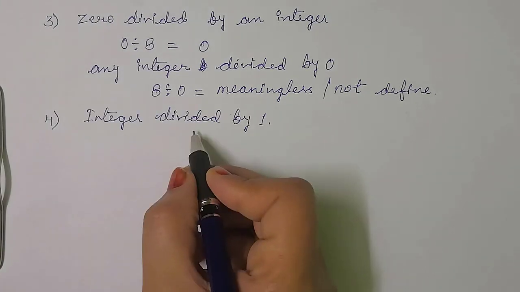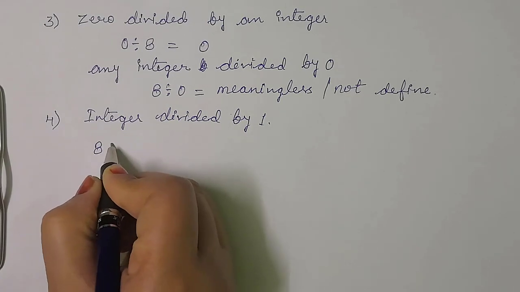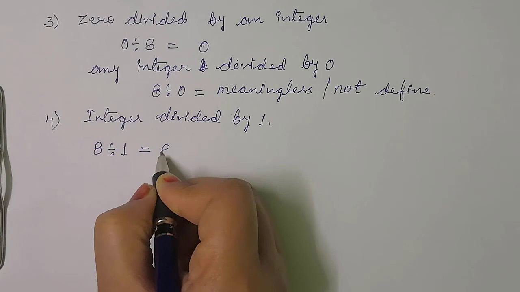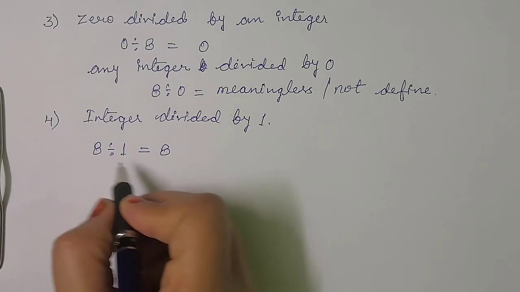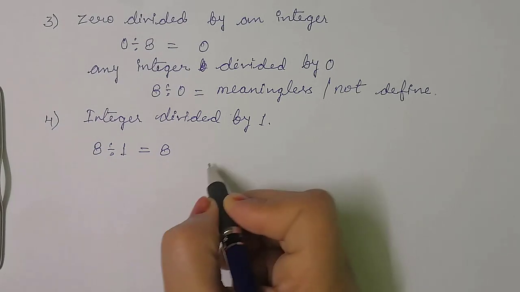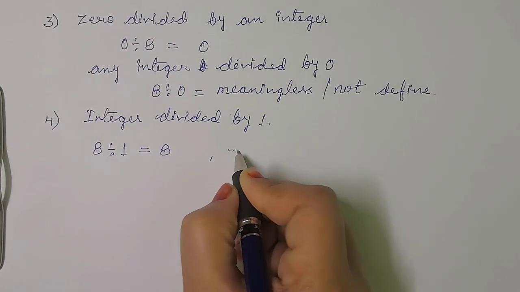Now any integer divided by 1, see what we get. When we divide 8 by 1, then also we get the same number 8. Okay, see if it is possible with a negative integer or not.